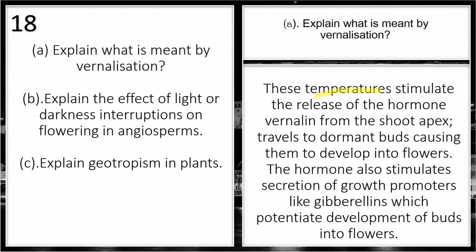These temperatures stimulate the release of the hormone vernalin from the shoot apex. It travels to the dormant buds, causing them to develop into flowers. The hormone stimulates the secretion of growth promoters like gibberellins, which potentiate the development of buds into flowers.